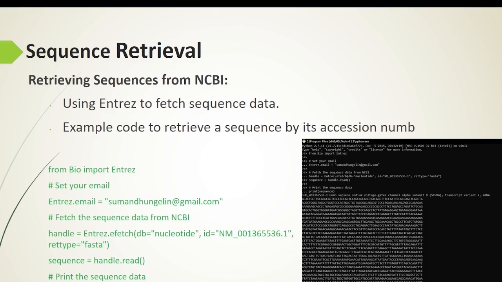I've given an example of sequence retrieval. I've put one comment that you can see in the green highlighted portion, and in the right hand portion you can see the results obtained for a particular sequence. That is one sequence, the sequence ID has been given there, and it is a nucleotide sequence. If you want to retrieve a protein sequence, you can just edit nucleotide into protein.